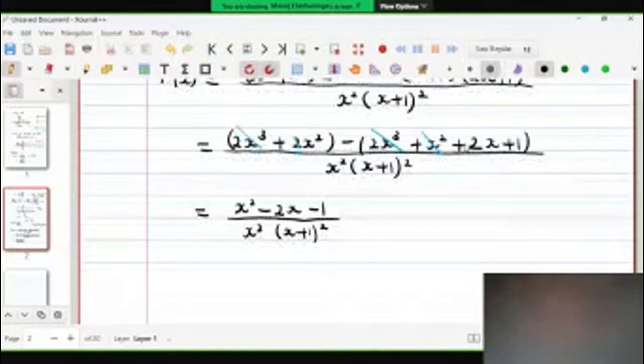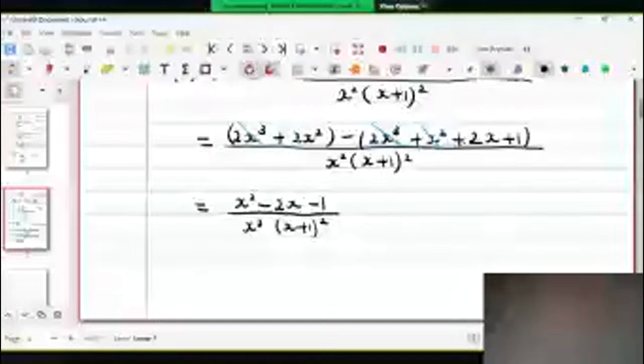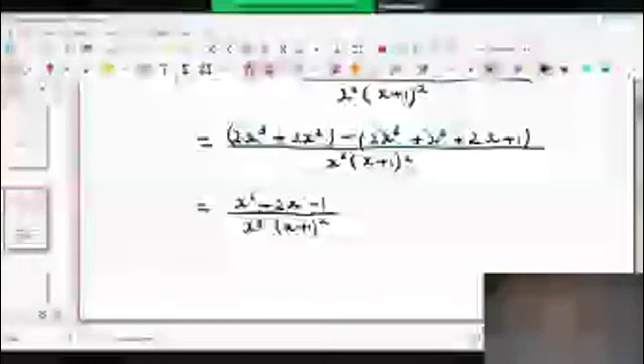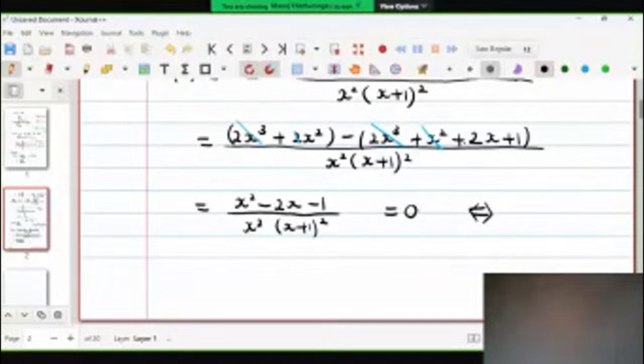We don't have factors for this quadratic term in the numerator. So the derivative equals 0 if and only if x squared minus 2x minus 1 equals 0.